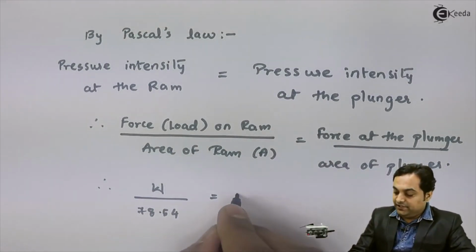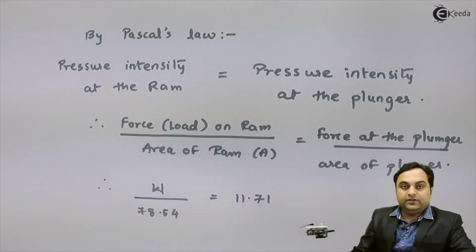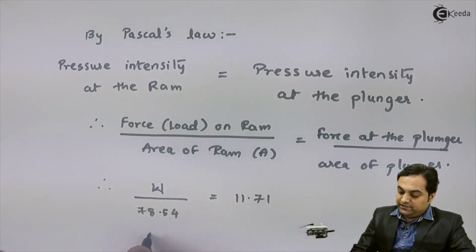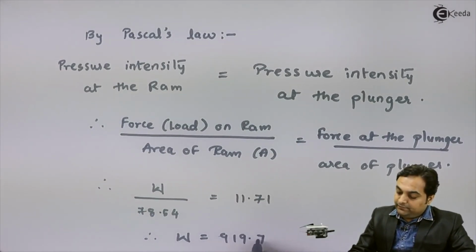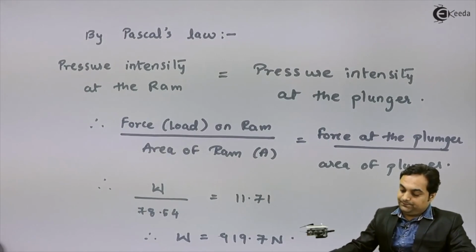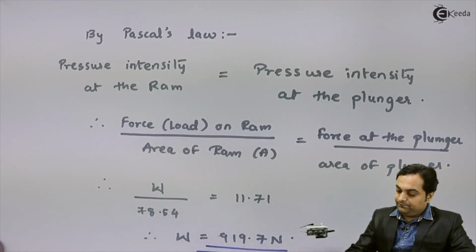The pressure intensity was 11.71. So if I multiply 78.54 on the other side, my answer for the load is 919.7 Newton. This is my answer.